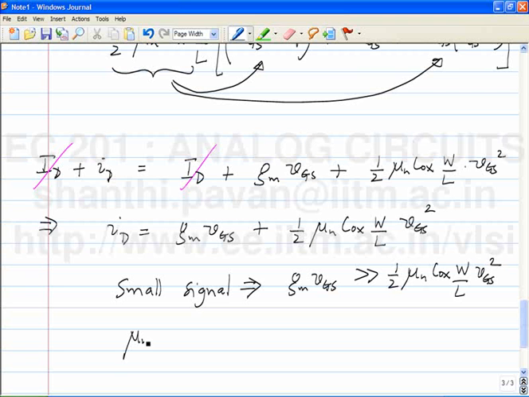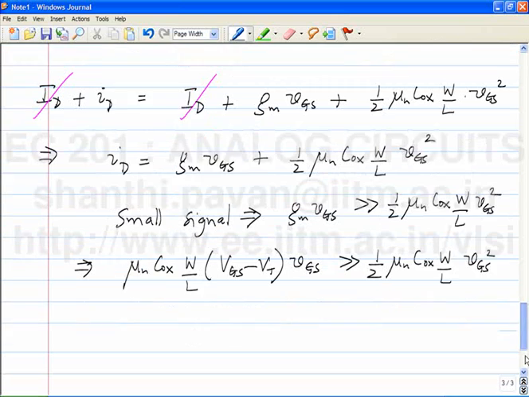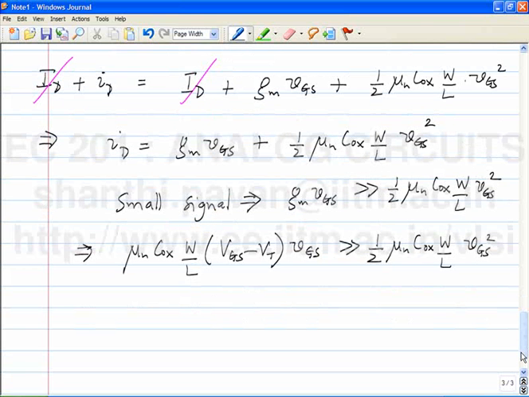Since gm has μn and all that stuff, maybe we can get rid of all these things. So μn Cox W/L times (VGS minus VT) times small vgs must be much greater than 1/2 μn Cox W/L times small vgs whole squared. If this equation is satisfied for a particular value of small vgs, then we are justified in saying that small vgs is, within quotes, small signal.